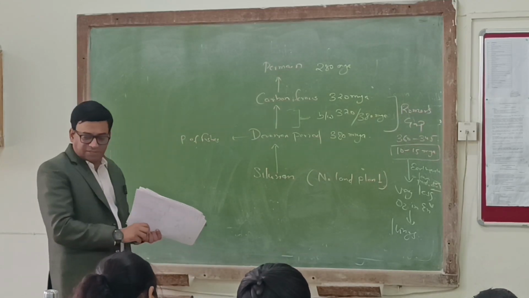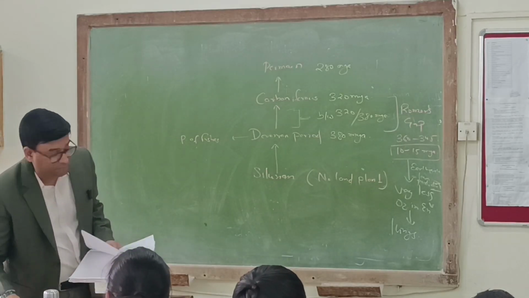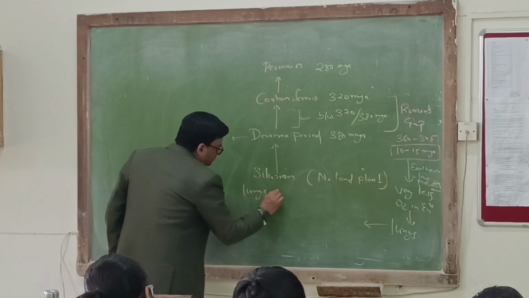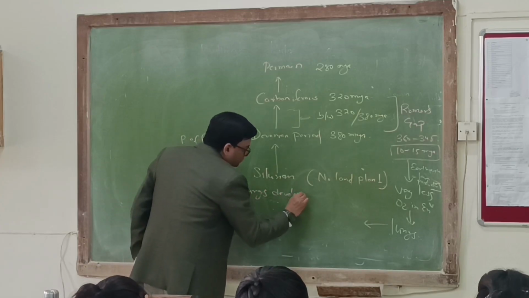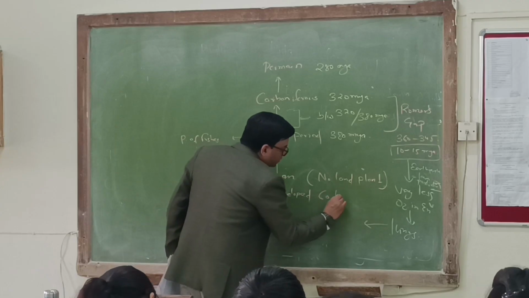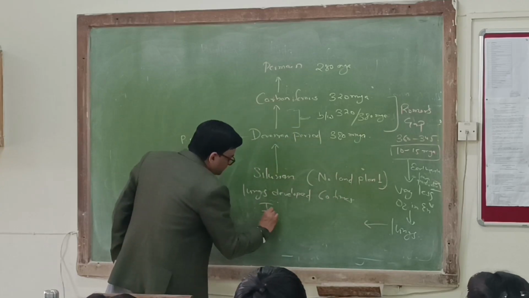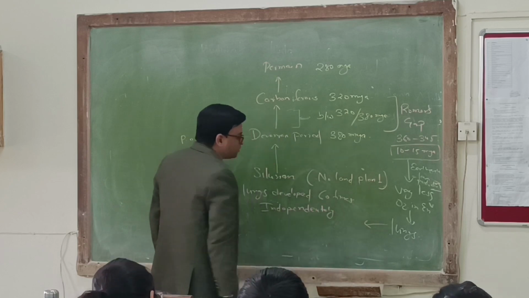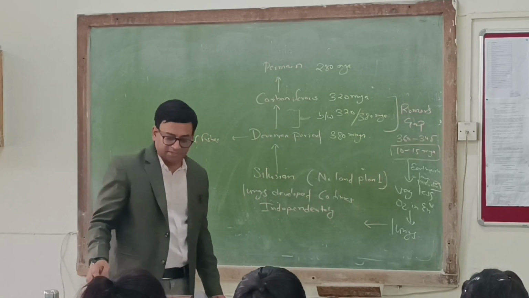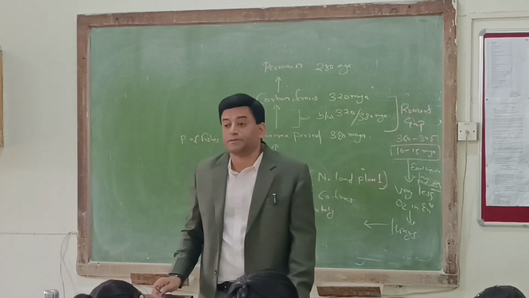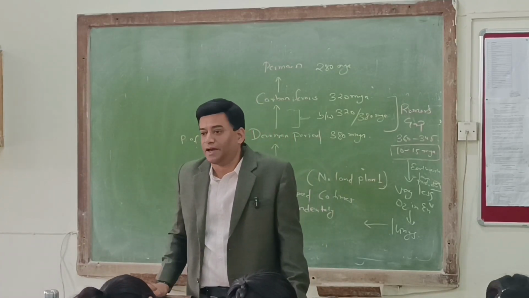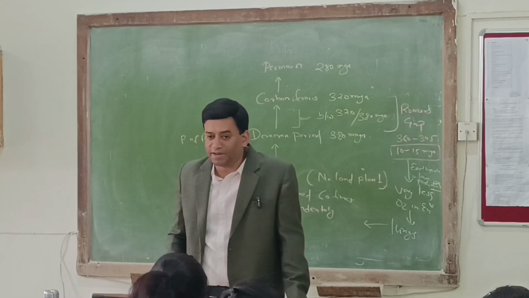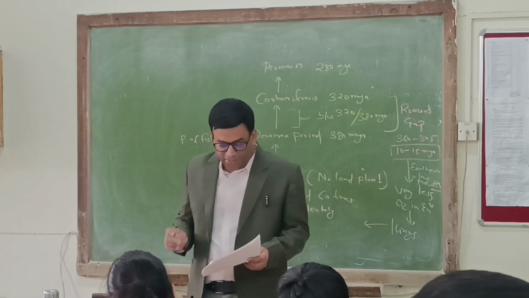And the very interesting thing is that lungs develop about 60 times independently during the evolution. That means that's the production of many digits, and this formation of lung was independently happening in all directions. The evolution was working in all directions.